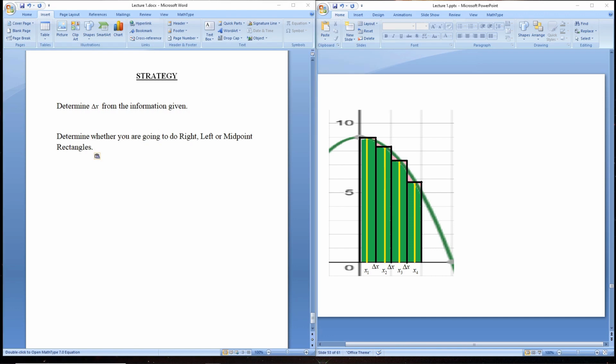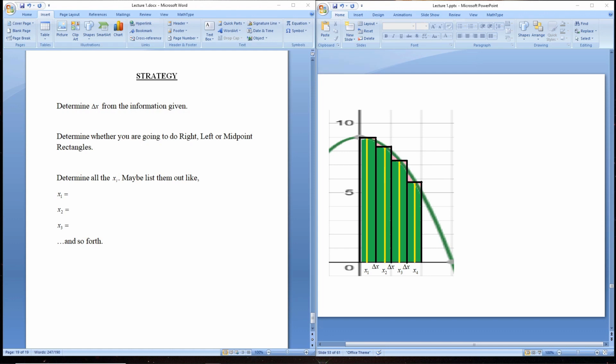Once you have your formula for x sub i, I think a good thing to do is to determine all those x sub i's and list them out, like I've been doing here. I think it's a good thing to do.